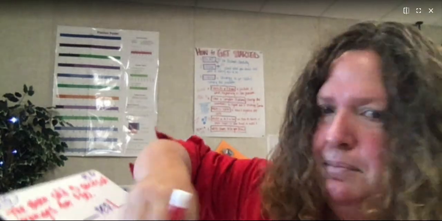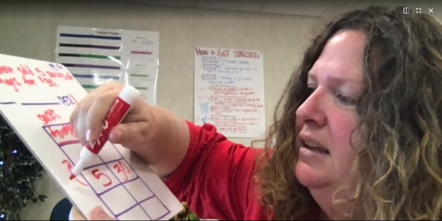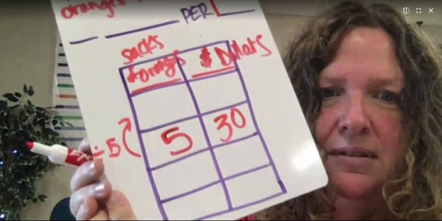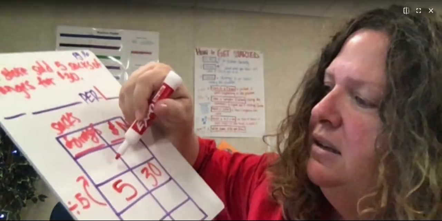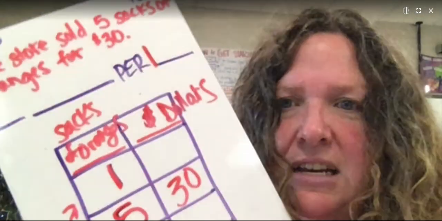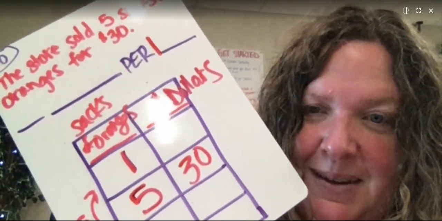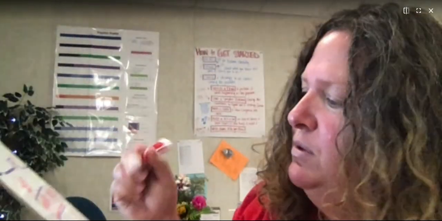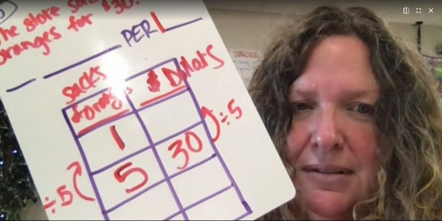What if, instead of multiplying over on the side up here, what if I divided by 5? I don't want 5 sacks, I only want 1. If I divide the number of sacks of oranges that I'm buying by 5, I'm going to divide the price by 5. I'm going to do the same thing on the other side. I'm going to divide both by 5.